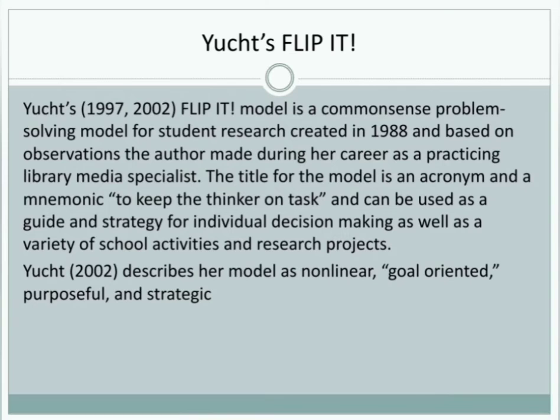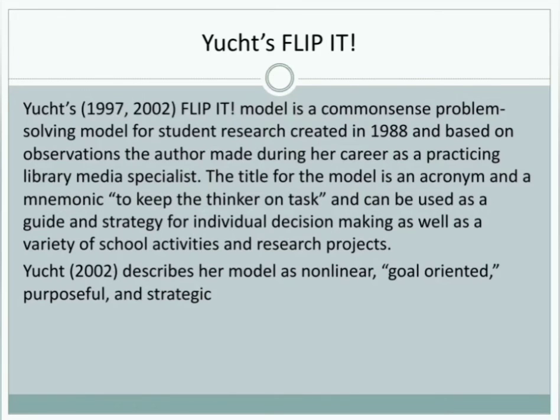practitioners to innovate and strategize. Yoshina's FLIP IT model. Yoshina's 1997-2002 FLIP IT model is a common sense problem solving model for student research, created in 1988 and based on observations the author made during her career as a library media specialist.